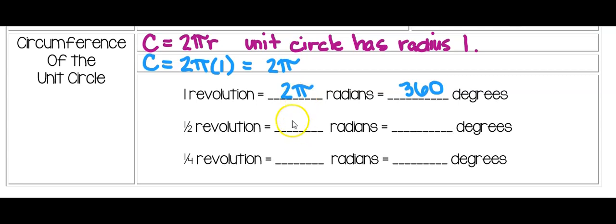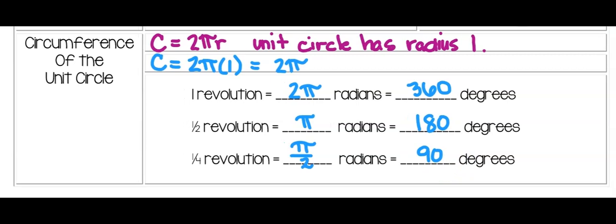Half of 2 pi would be pi radians, so a little over 3 radians, and we know that is equivalent to 180 degrees. How about a quarter revolution? A quarter revolution gives us 90 degrees. Basically we're taking that pi and splitting it in half again, so pi divided by 2 is equivalent to a 90-degree rotation.